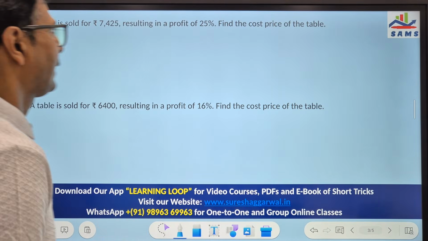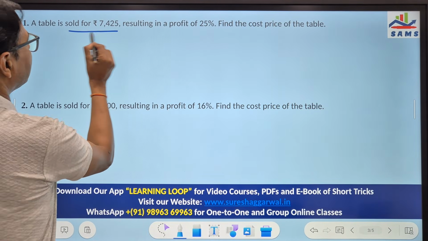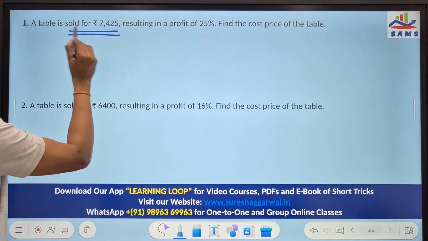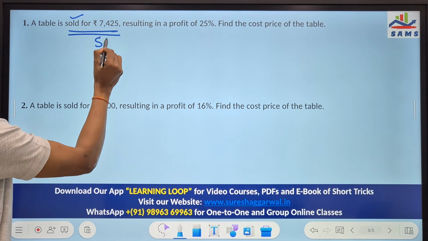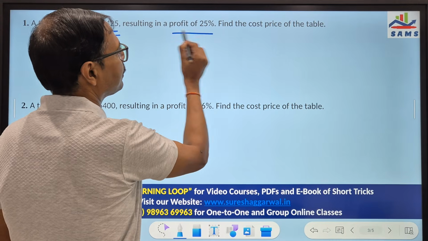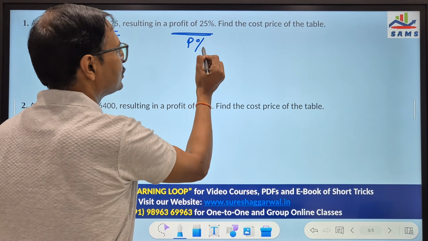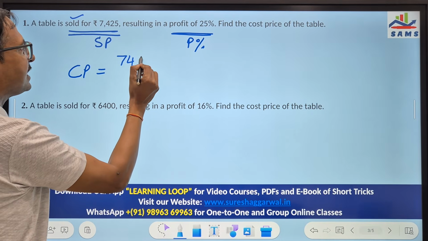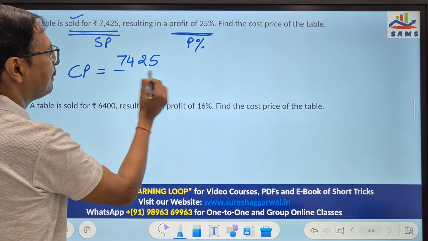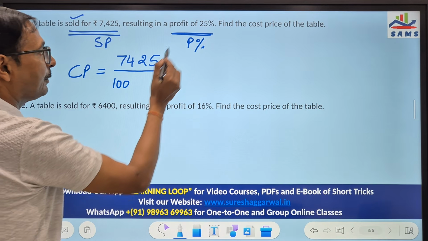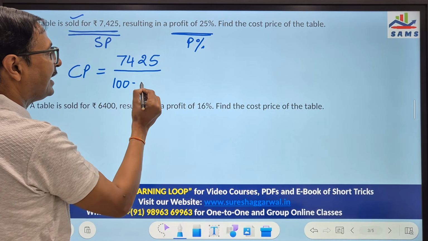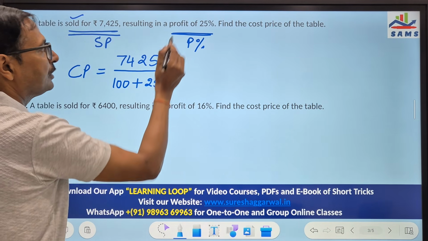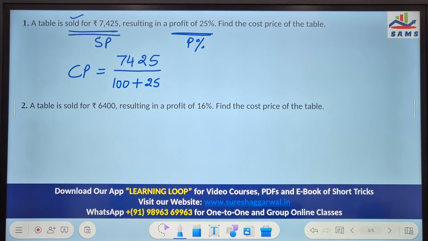The first question, there is a table which is sold. So sold means this is selling price SP and profit, so this is profit percent. So if we have to find the cost price, just divide 7425 which is the selling price by 100 plus 25, because this is profit percent. The profit percent is 25.